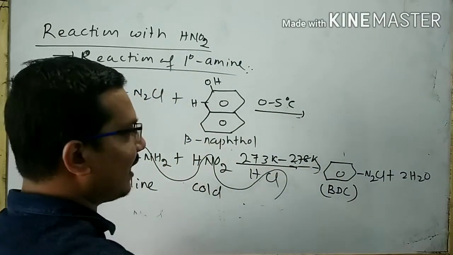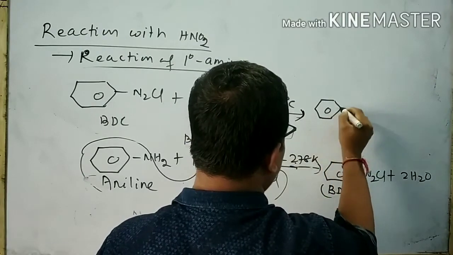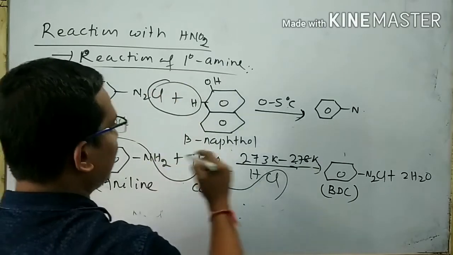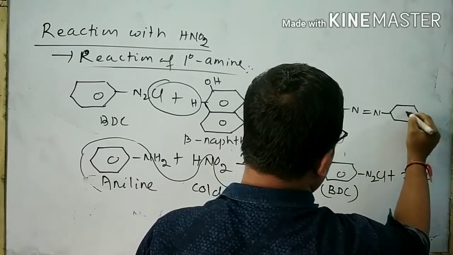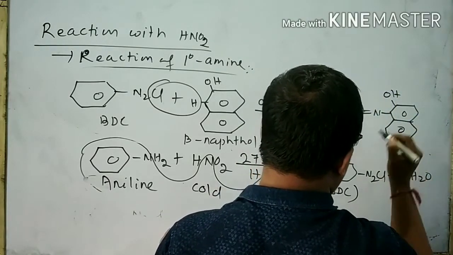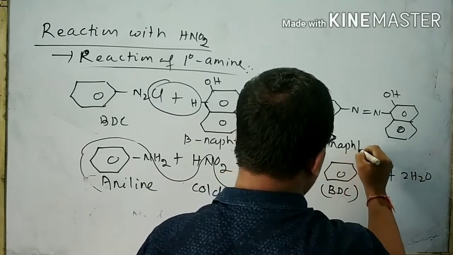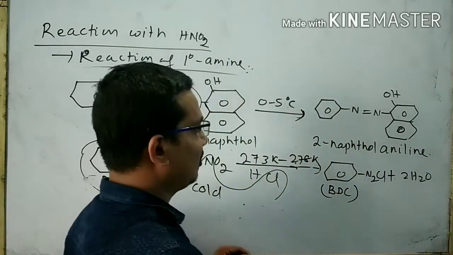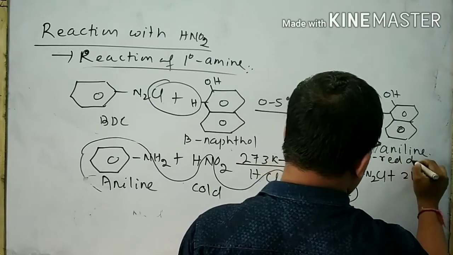An orange red dye is formed. There is a loss of HCl molecule. The name of this compound is 2-naphthol aniline. This is your orange red dye.